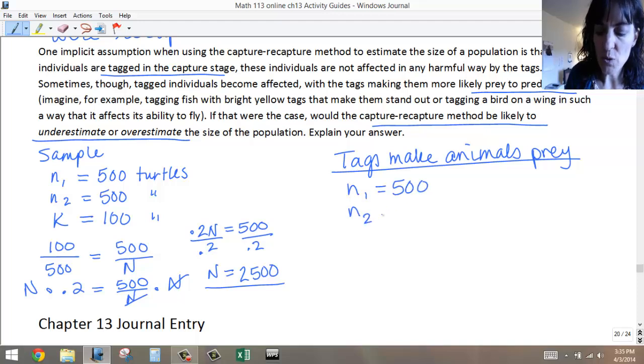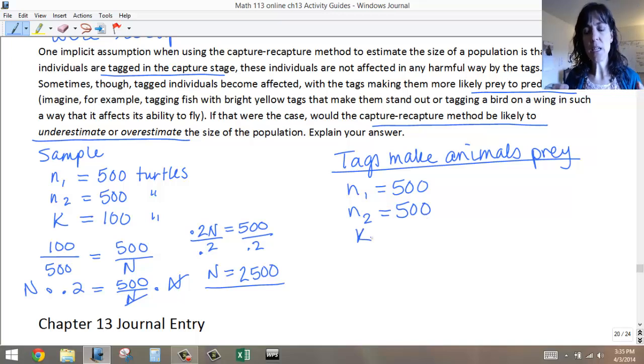Our N sub 2, still we could have it as 500. Our K, though, instead of collecting 100, a bunch of our animals were more easily preyed upon, so we're going to collect a smaller number. So we're going to collect, maybe say we collect, I don't know, 25. So it was a really bad tag.